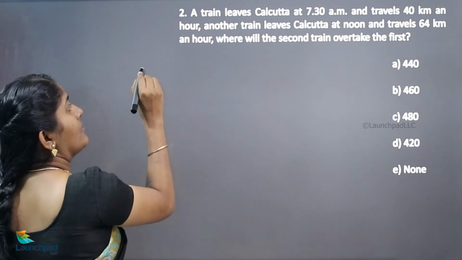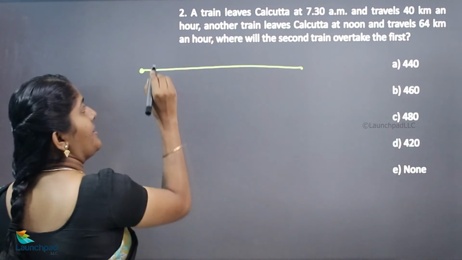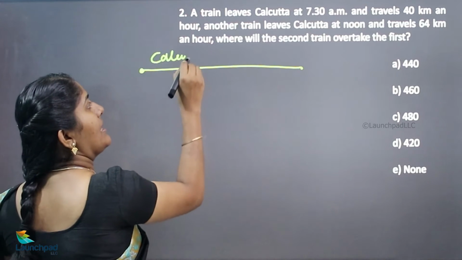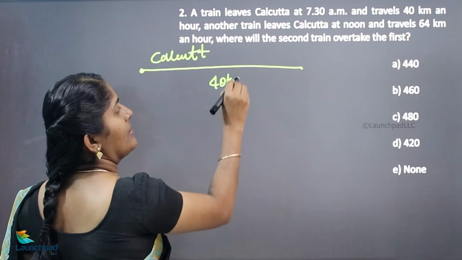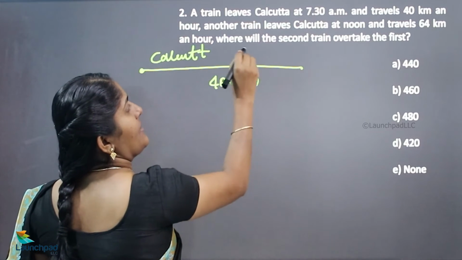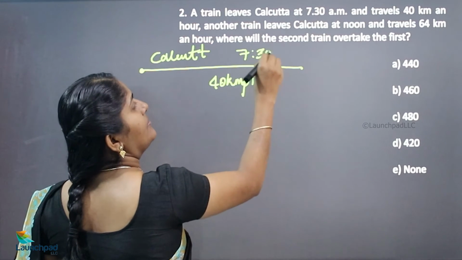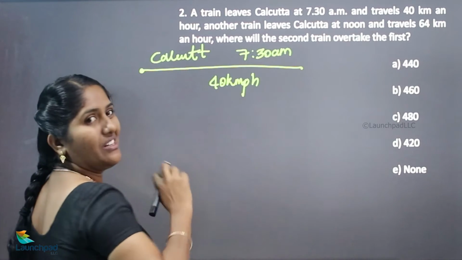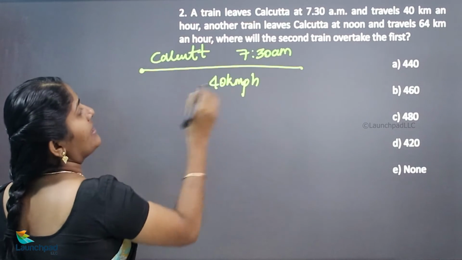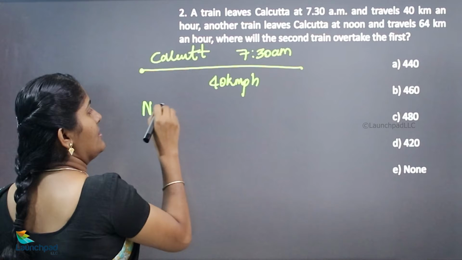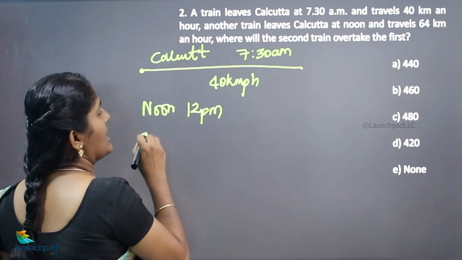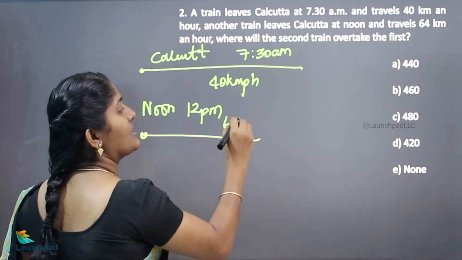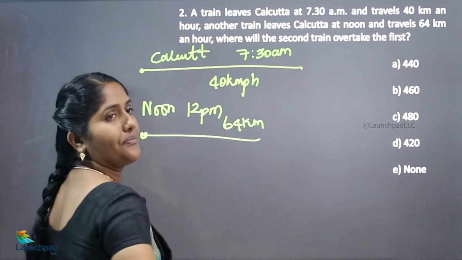So here a train starts from Calcutta and moves at the speed of 40 km per hour, starting at 7:30 am. After that, at noon, that is 12 pm, another train starts from Calcutta at the speed of 64 km per hour.